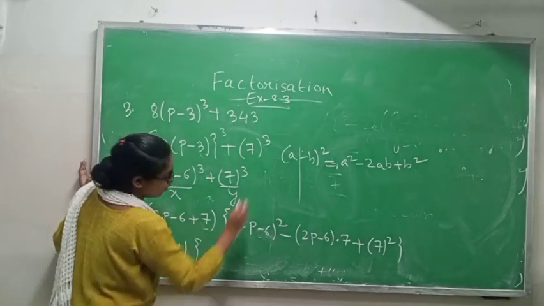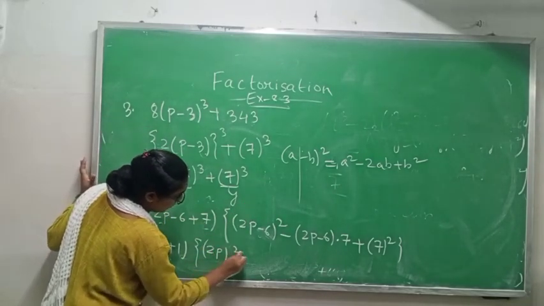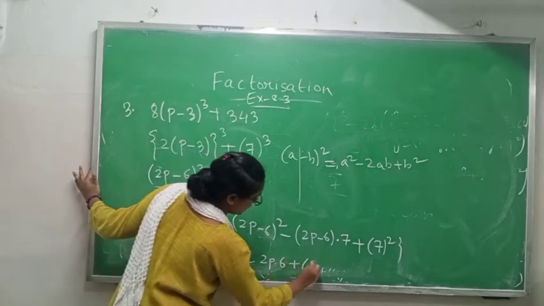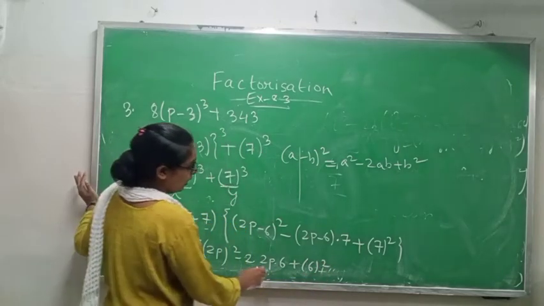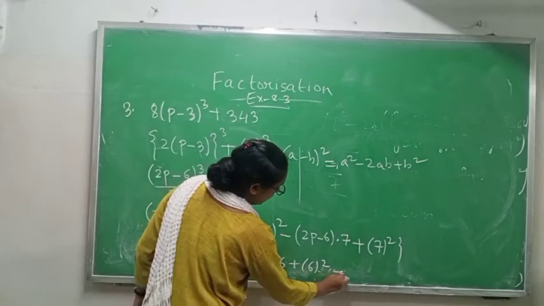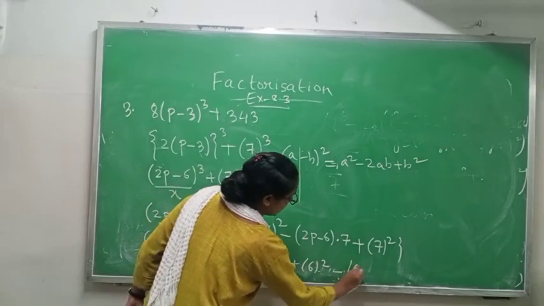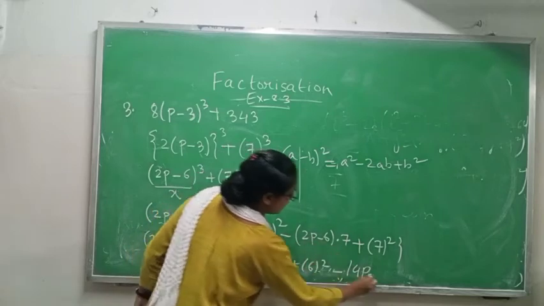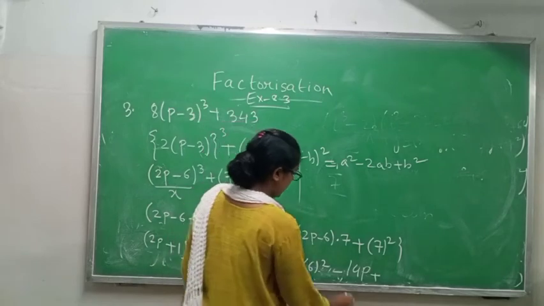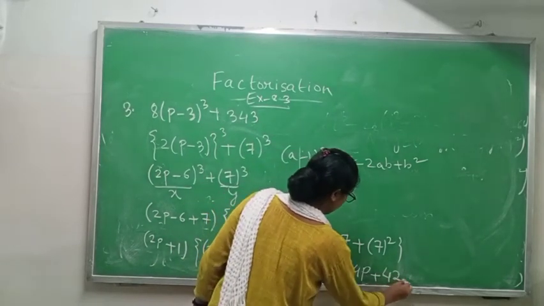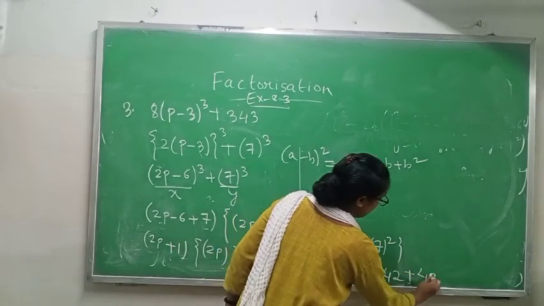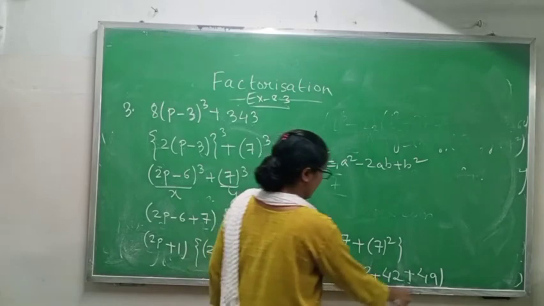So a square minus 2ab plus b square. b is 6. Okay. Now this one we can multiply without any problem. So minus I will put 7 into 2p, 14p. Now minus plus 7 into 6, 7 6 are 42. Okay. Now plus 7 square. 7 square means 49.